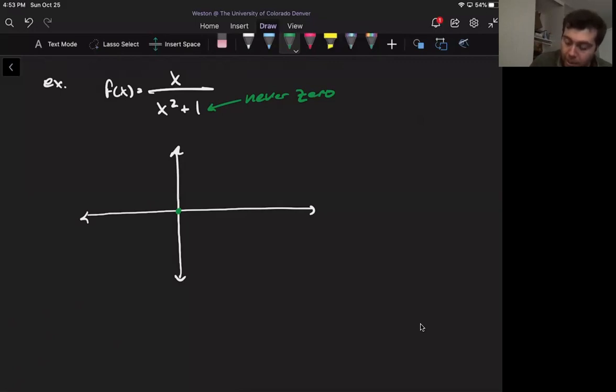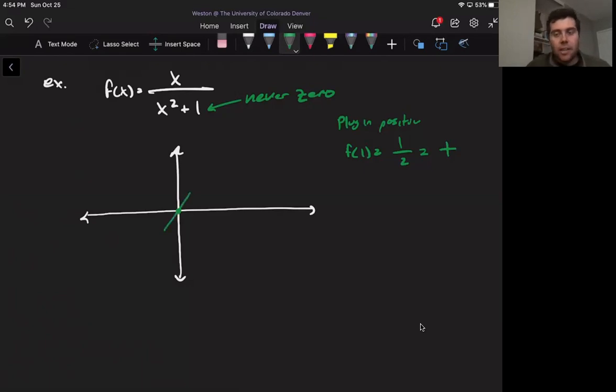So we plug in a positive. We check f of 1, and we get 1 divided by 2, which is some positive number. And because x is odd degree, we know that it has to cross through.